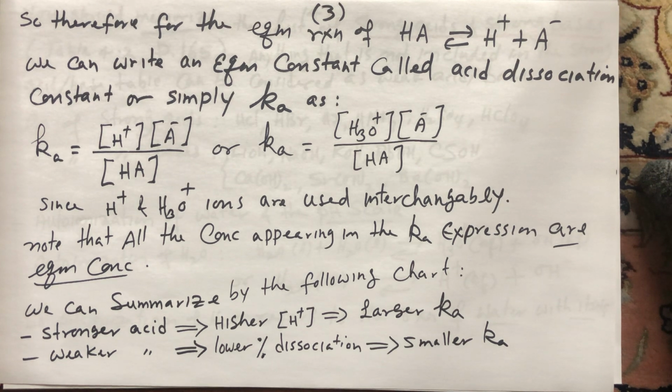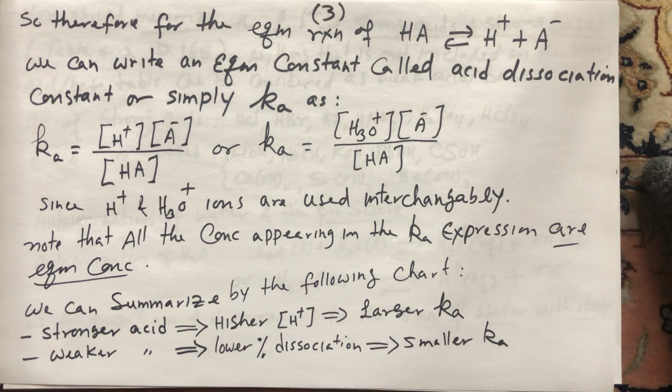And for the weaker acids, we can consider them to have lower percent dissociation. That means the concentration of H plus that they are going to release is going to be lower. And therefore, since that is going to be lower, the Ka is going to be smaller.